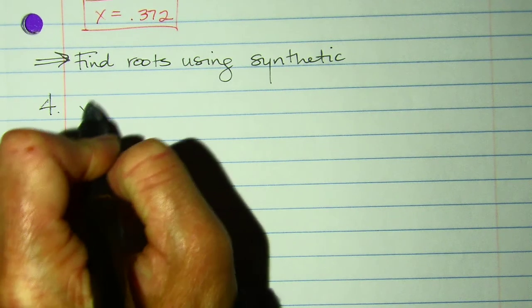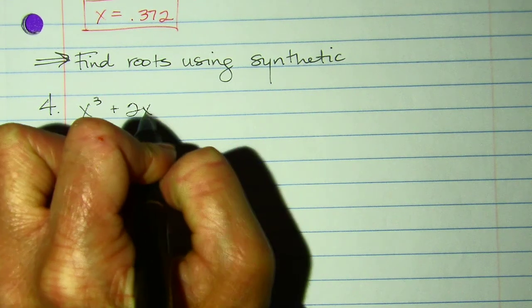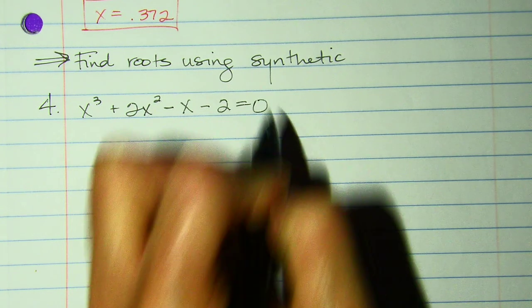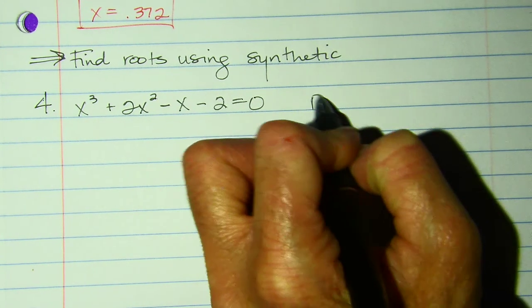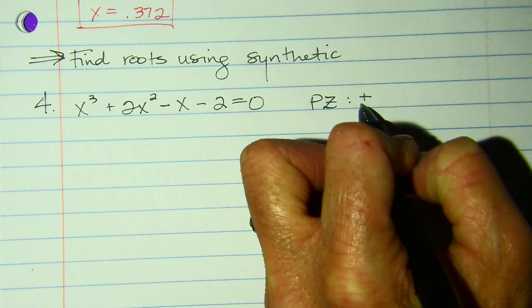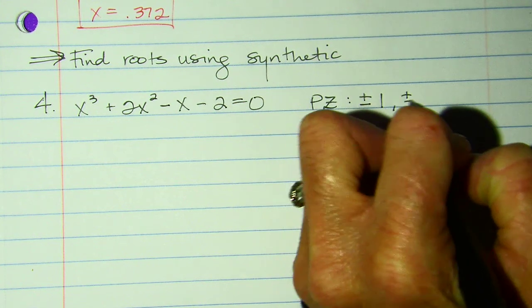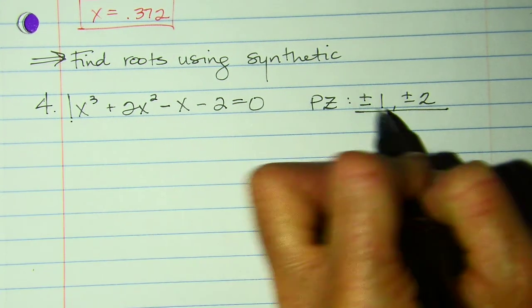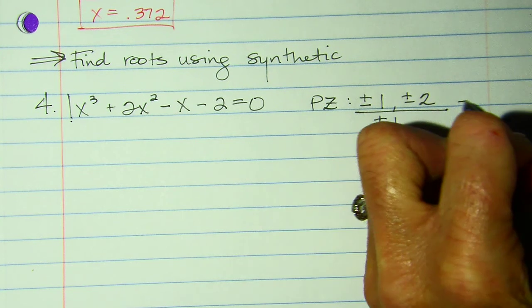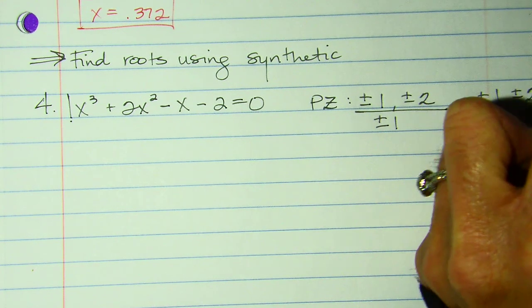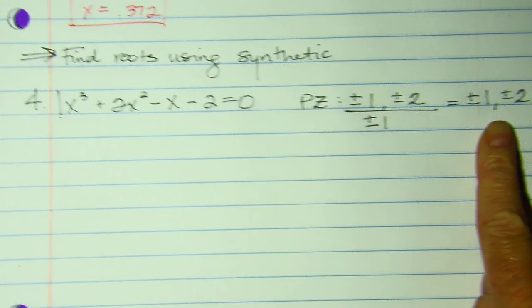If I have x cubed plus 2x squared minus x minus 2 equals 0, possible zeros are factors of my constant over factors of my leading coefficient. Factors of 2 are just 1 and 2, divided by factors of my leading coefficient, which is 1. So my possible zeros are 1 over 1, which is 1, and 2 over 1, which is 2.